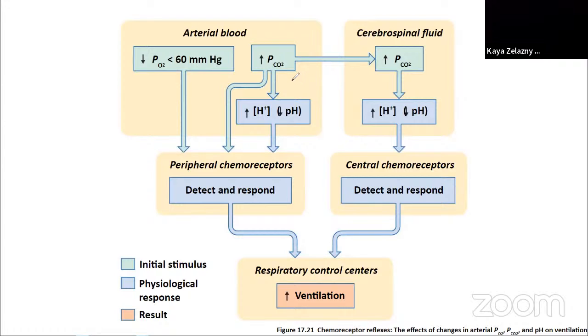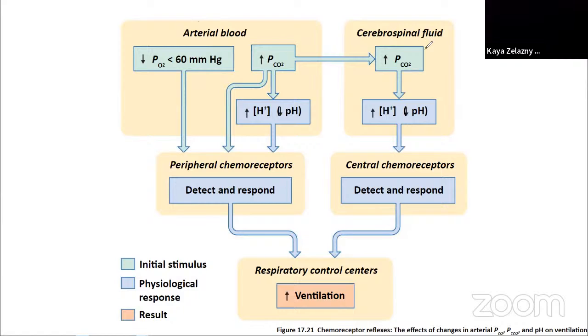So our carbon dioxide, as it builds up in arterial blood, our peripheral chemoreceptors can directly respond to that, again, increasing ventilation. Or because carbon dioxide ultimately creates hydrogen ions, these hydrogen ions are also detected by the peripheral chemoreceptors, increasing ventilation.